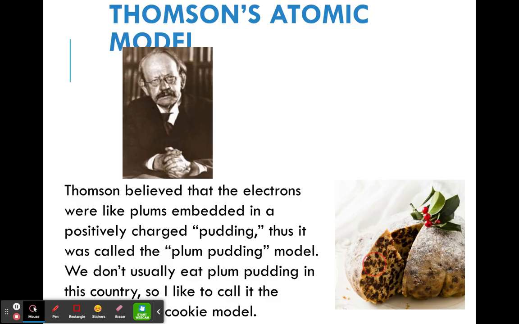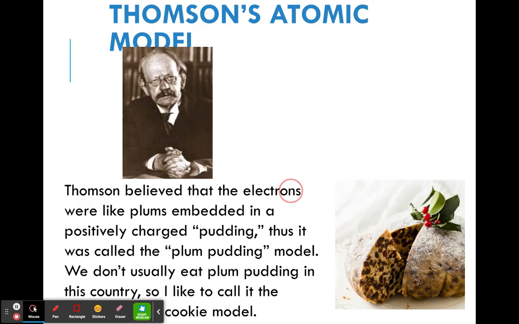So the surrounding bread would be your positive stuff, and the dark raisins would be your electrons embedded in that. And so that was his idea of the model. So that's how he was accounting for these negatively charged particles. Okay, so that explains what his model was. That's the model he came up with.